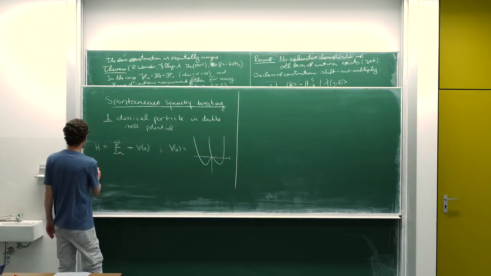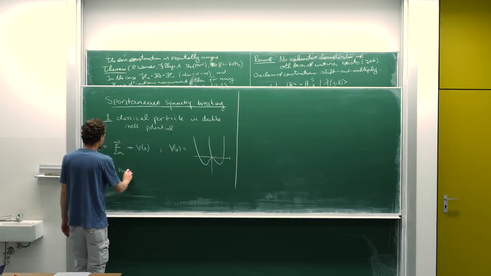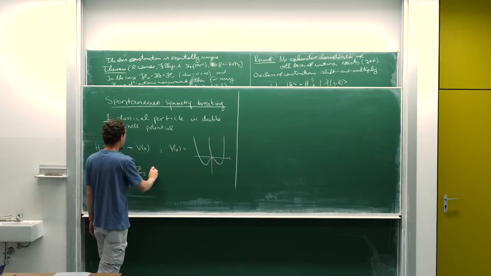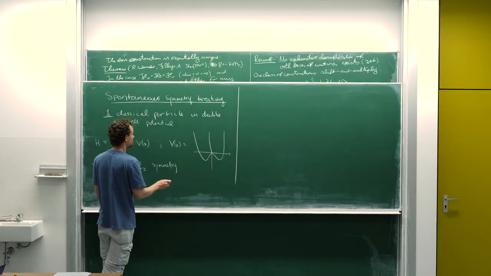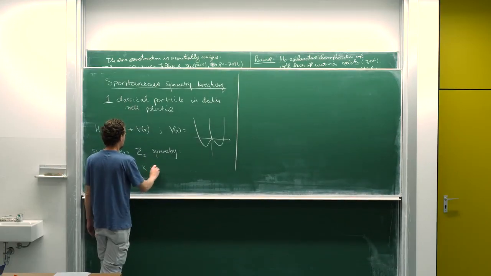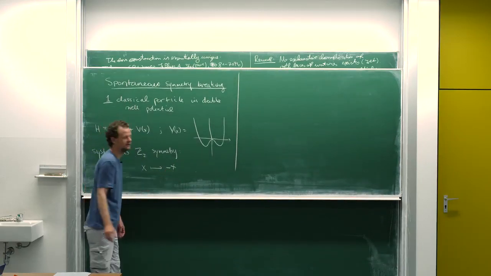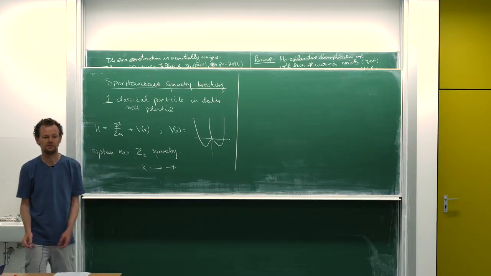So this system has a Z2 symmetry: if we replace x by minus x, we get the same dynamics.